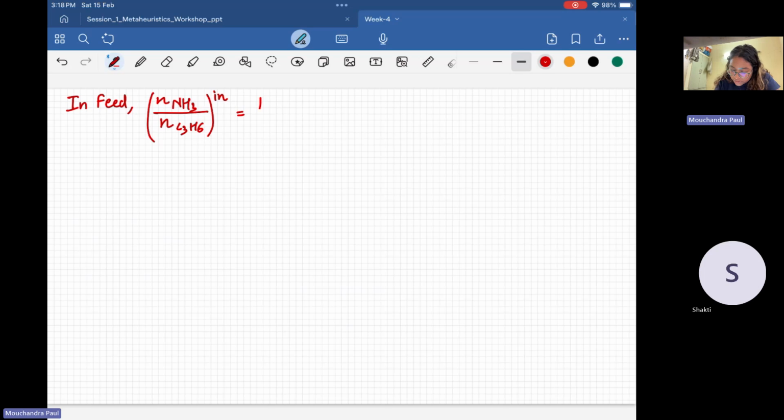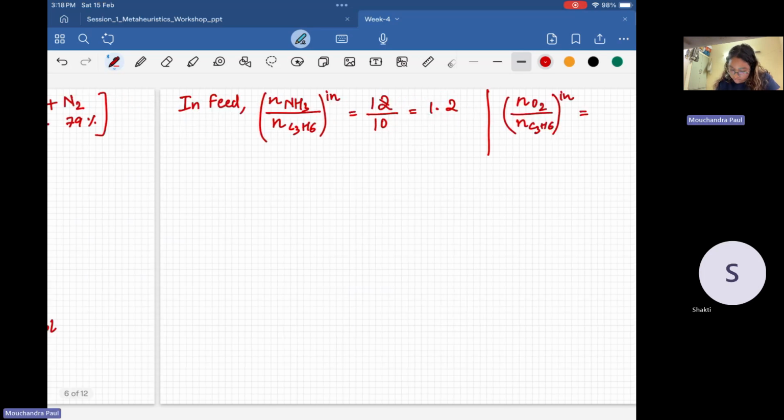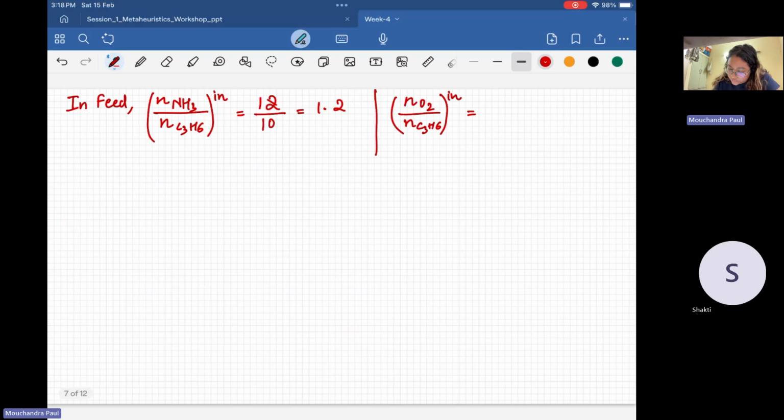So it is 12 by 10, which is 1.2. Similarly, the ratio of the number of moles of oxygen to propylene in the feed is 16.4 by 10, so it is 1.64.